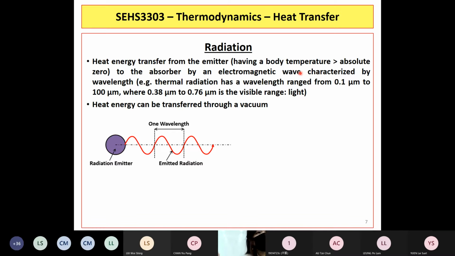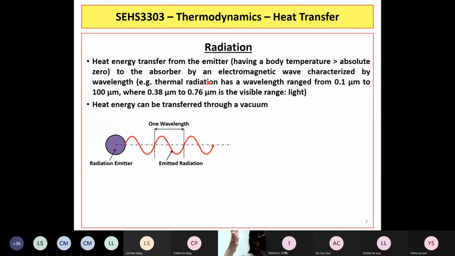Basically, there is a large range for this radiation. But when we talk about the radiation heat transfer, we only cover a small range that we call thermal radiation, because only the radiation in this range can give us the heating effect when incident upon the absorber.